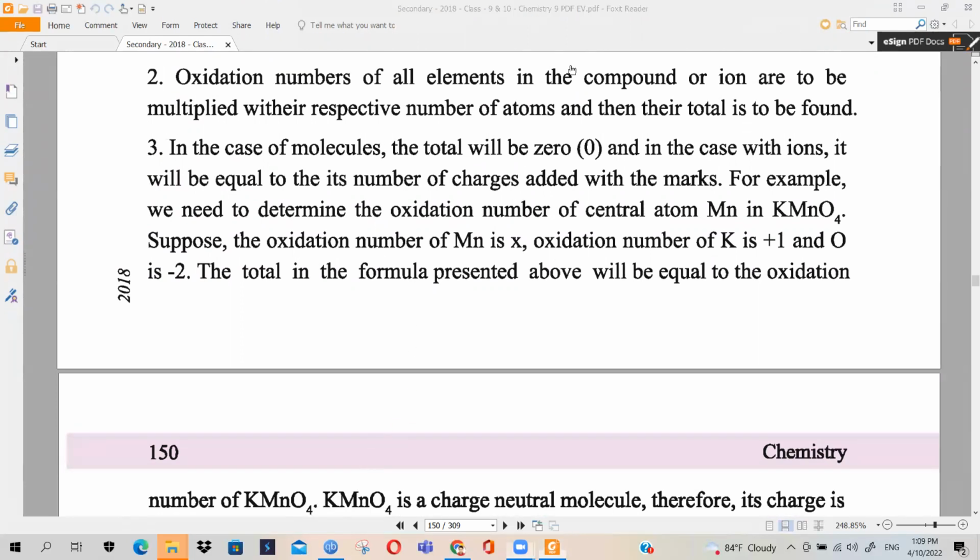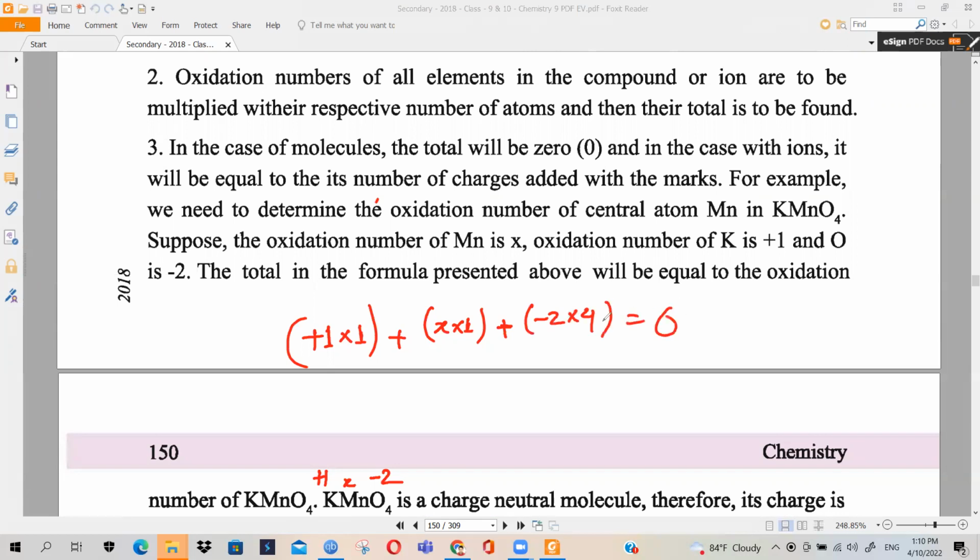So now tell me, what will be the oxidation number of potassium here? Plus 1, right? And for oxygen it is minus 2. Now you will consider the oxidation number of manganese to be X. We know that plus 1 multiplied by 1, plus X multiplied by 1, plus minus 2 multiplied by 4 equals 0, because it's charge neutral.